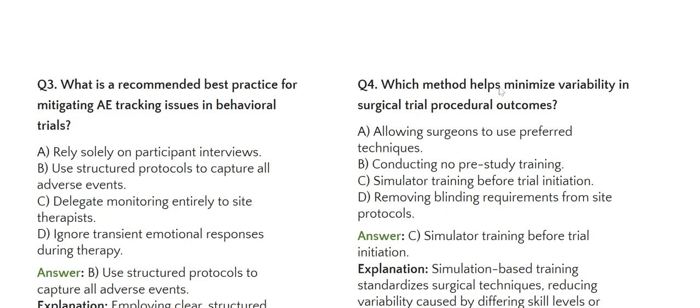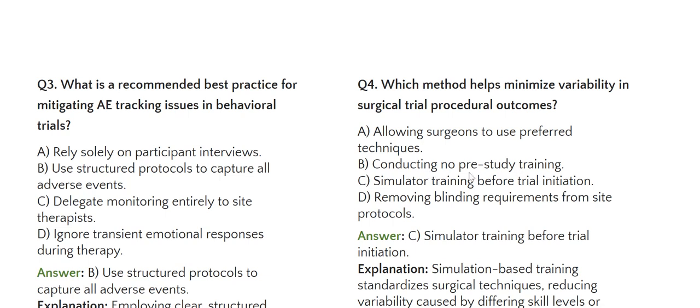So which method supports minimizing variability in surgical trial procedural outcomes? Definitely allowing surgeons to use preferred techniques is not the choice, as surgeons, as PIs or even sub-investigators, need to go per protocol, whatever technique is decided for the trial.